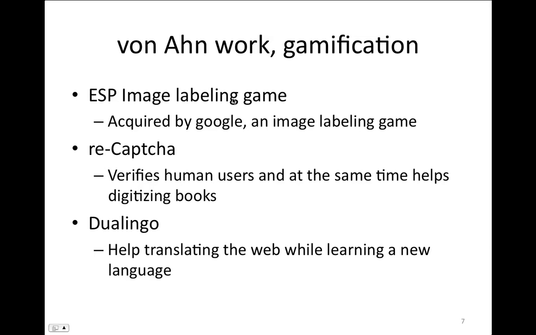Another example of his work is reCAPTCHA, which is still being used to verify human users from robots. For instance, when you sign up on a website and the website wants to verify you're a real human, it gives you these words, sometimes in a distorted way. Usually one of those words has a ground truth, an already discovered text that the OCR found.